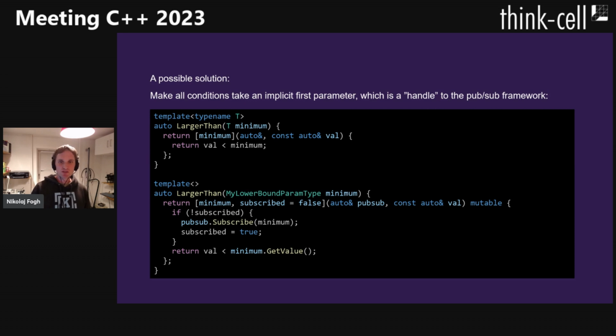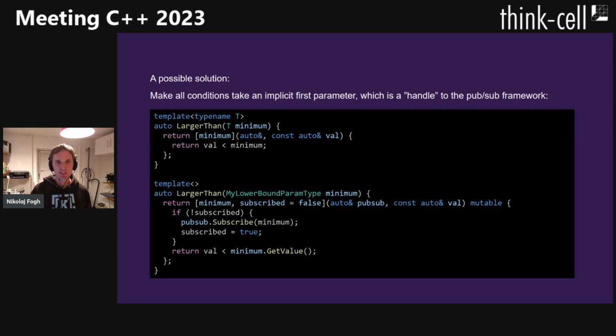So when the monitor does its first check, which it usually should do at construction time, because we always want this monitor to run, then we will also subscribe to this parameter, and the PubSub here should also trigger the monitor again once this minimum parameter changes.